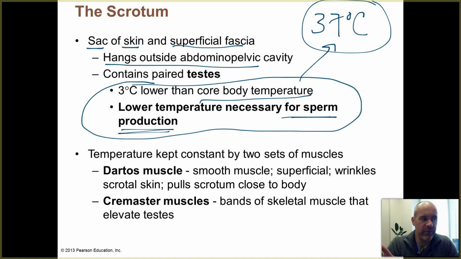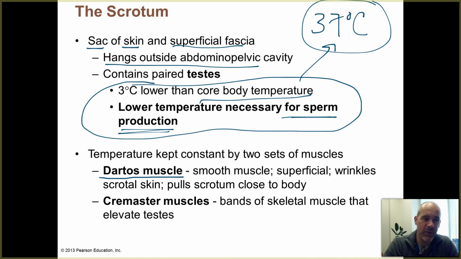There are a couple of muscles that are involved with the scrotum as well. There's a muscle called the dartos muscle, which is actually embedded within the fascia, and it's smooth muscle, and it's capable of wrinkling, and it helps pull the scrotum closer to the body when that needs to happen, like during cold weather conditions, because you don't want the testes to get too cold.